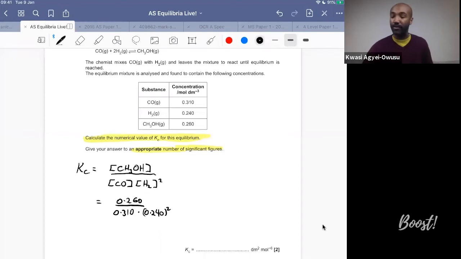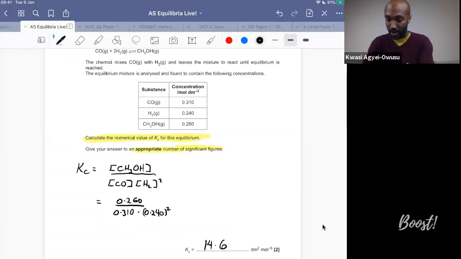To 3 significant figures would be the appropriate number, so 14.6. And the answer is, of course, decimeter squared, mole to the -6.